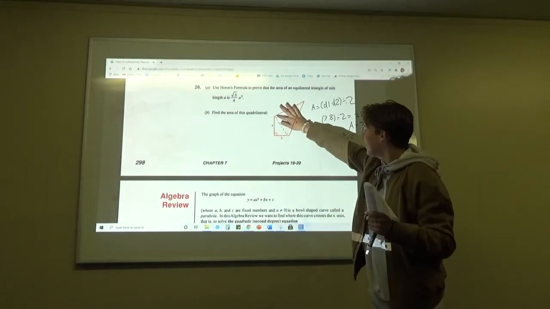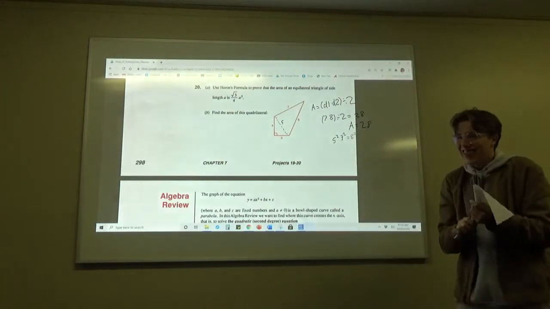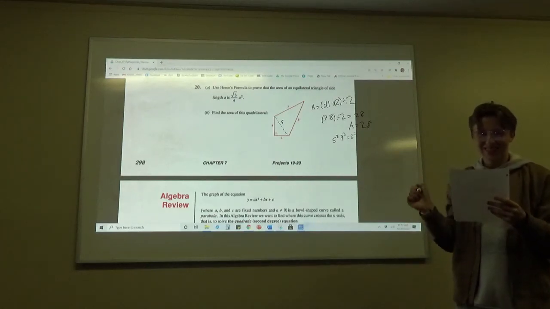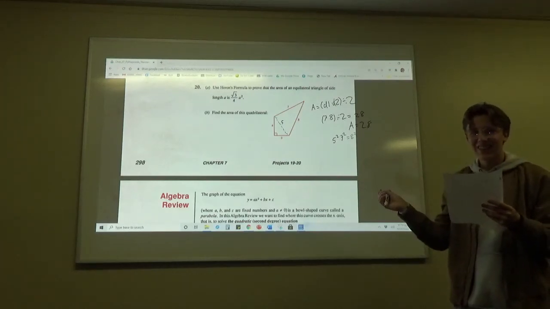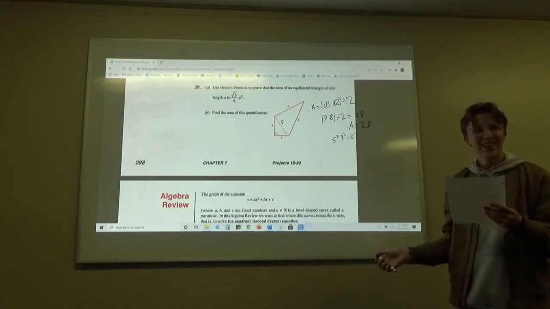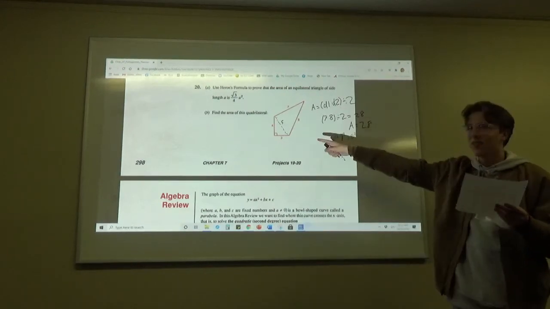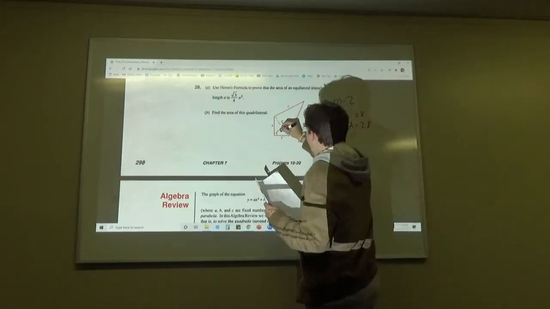We take that away then. So now what you're going to have to do is draw the diagonal through the very center.